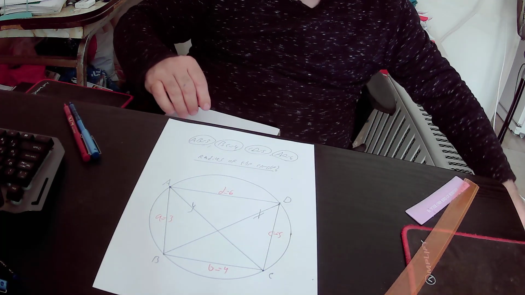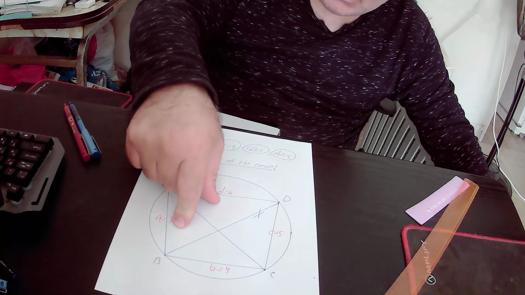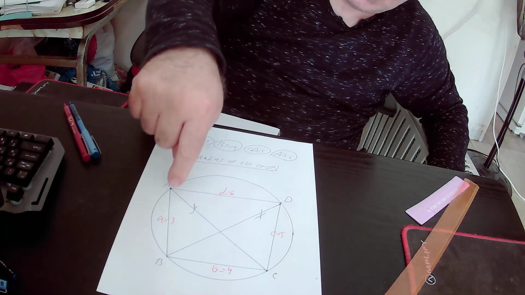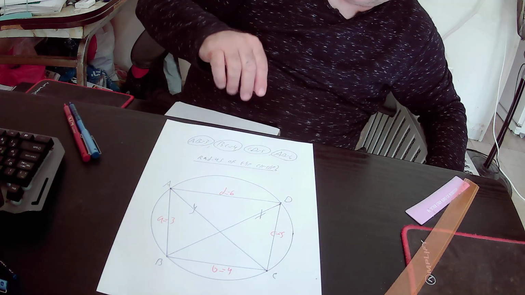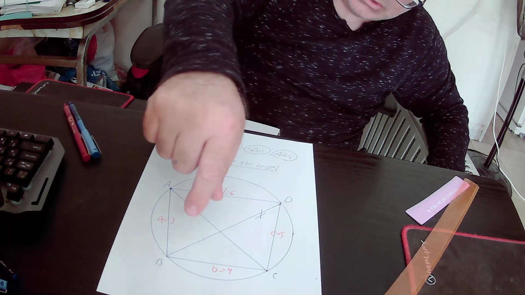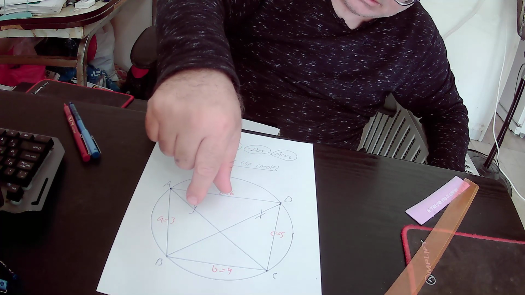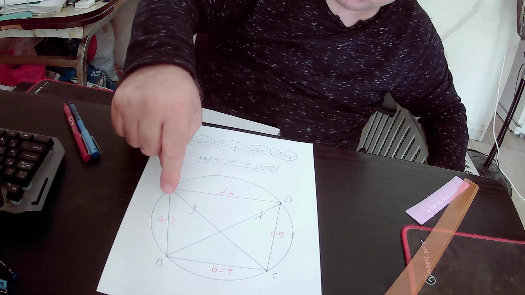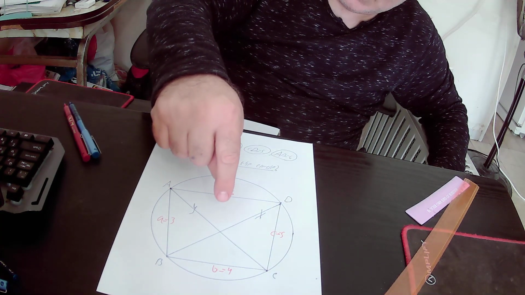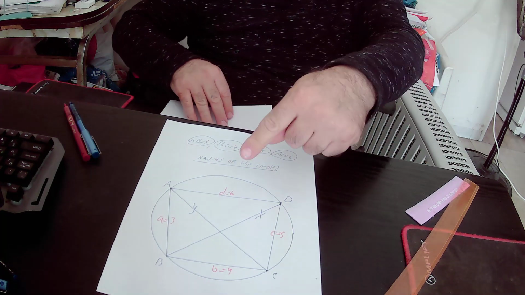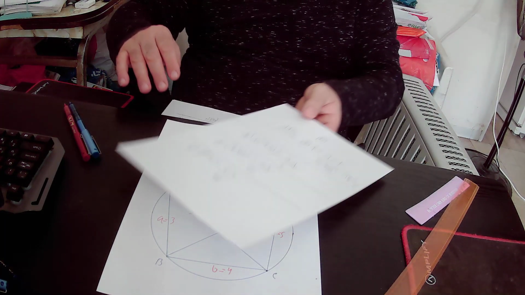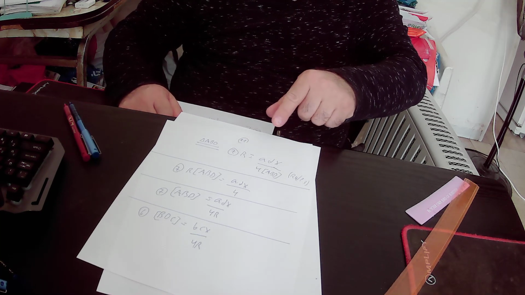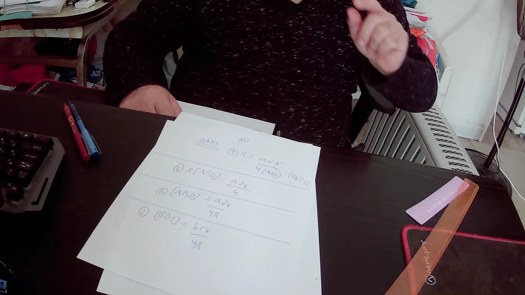Then we focused on triangle ABD. Triangle ABD is inscribed in this circle. Therefore, according to rule number 3, the radius of this circle that encloses triangle ABD will be equal to the product of triangle ABD's sides, that is to say, A times D times X over 4 times the area of triangle ABD.